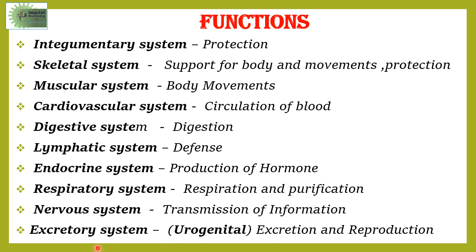Excretory system, the function is excretion. If you combine the excretory and the genital system, you can call it a urogenital system. And the function of the genital system is reproduction.